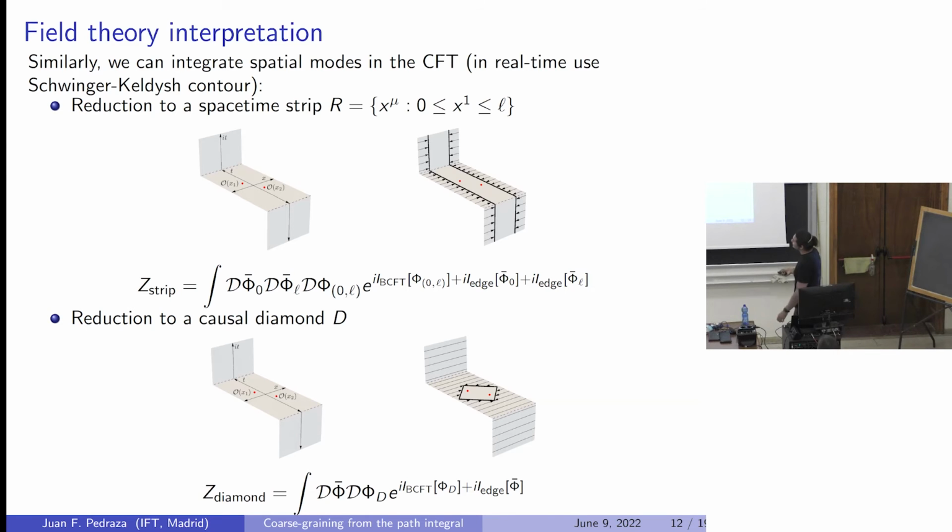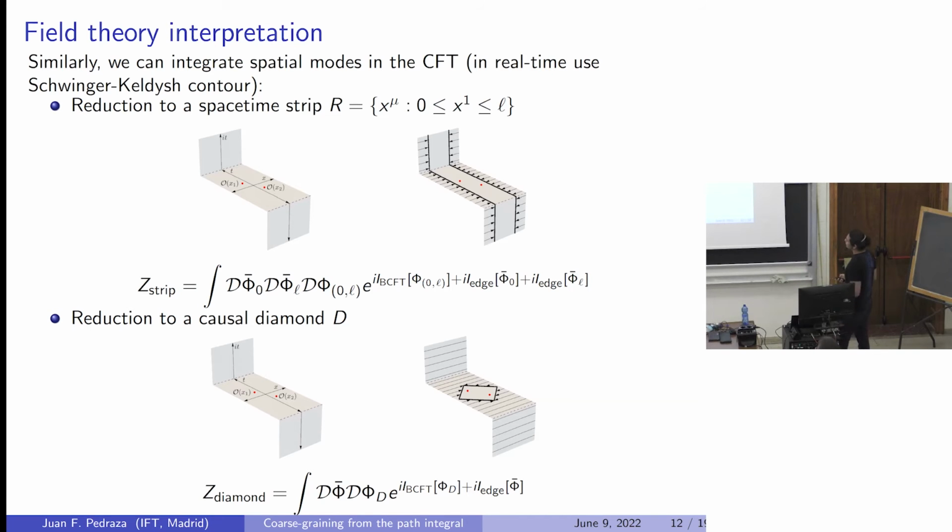So that implies that within these integrals, the boundary conditions of this boundary theory are changing. So these two cases can be interpreted as an ensemble of BCFTs with different boundary conditions, Dirichlet boundary conditions.